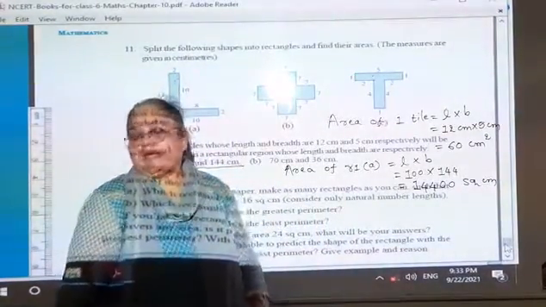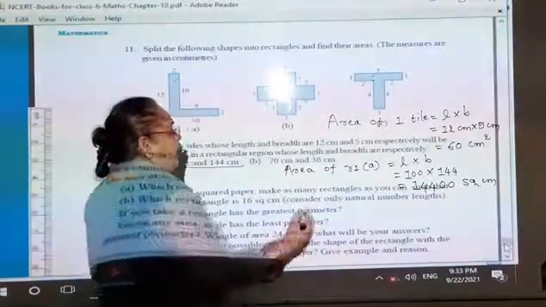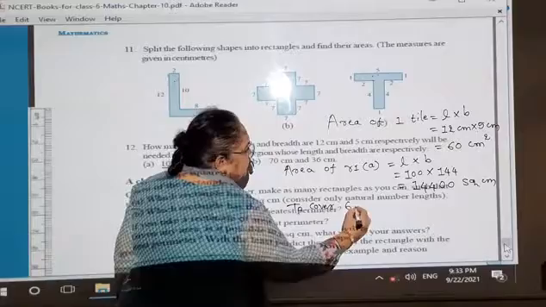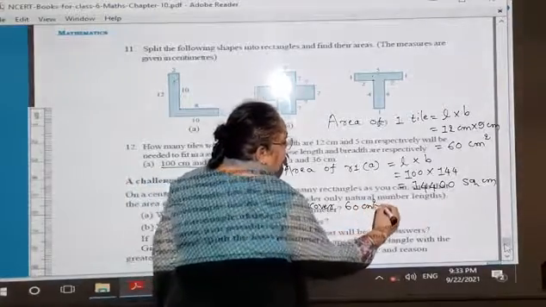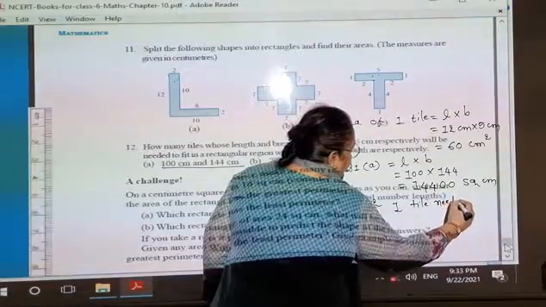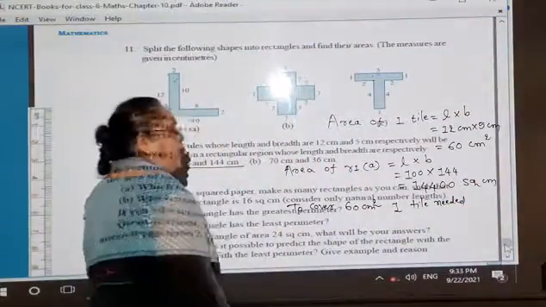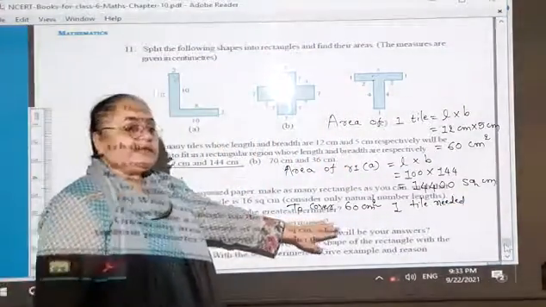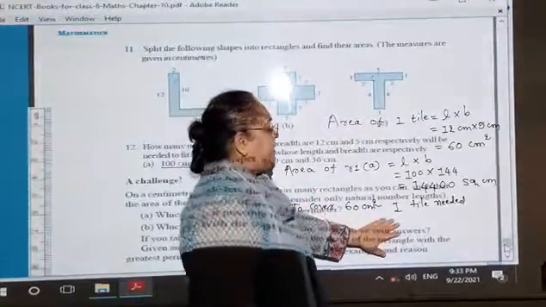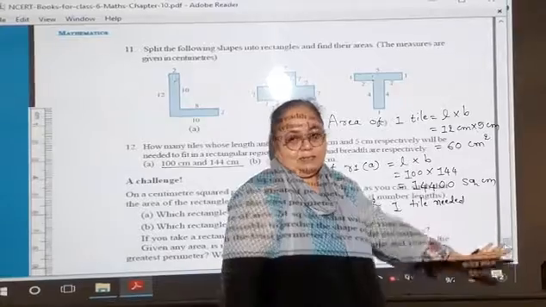Okay, so we can write down, to cover 60 centimeter square, one tile is needed. Clear हो ये? ये स्टेटमेंट समझ में आया? To cover 60 centimeter square, one tile is needed.